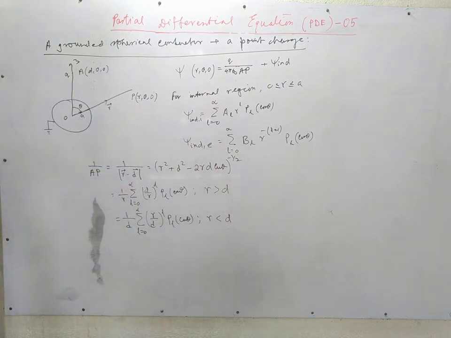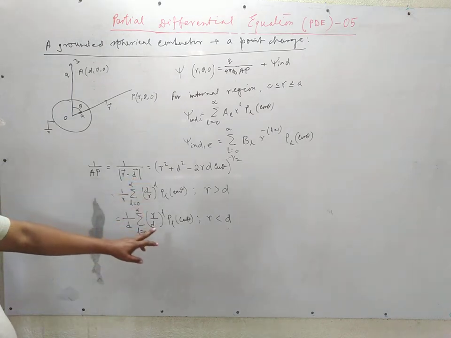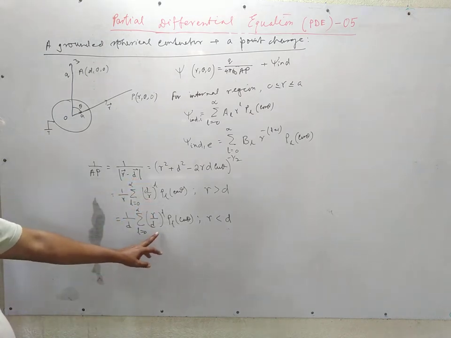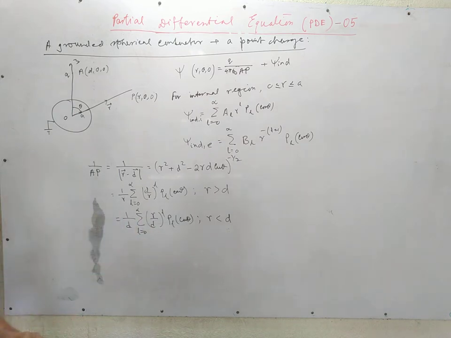That is, whichever of r and d has lesser magnitude will be in the numerator, and the quantity with greater magnitude will be in the denominator.